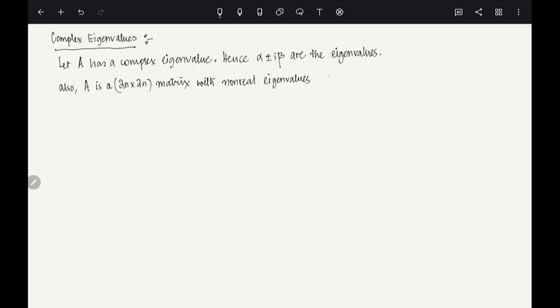What are the eigenvalues? Alpha_i plus or minus i beta_i, i equals 1 to n.